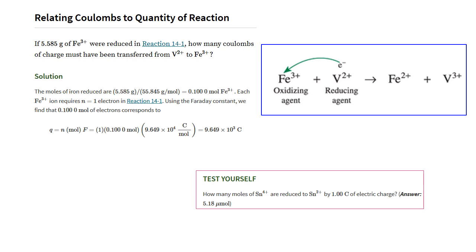Each iron ion requires one electron in the reaction equation. Using the Faraday constant, we find that 0.1 mole of electrons requires 0.1 mole multiplied by the Faraday constant, 9,600 coulombs. You can test yourself by doing a very similar assignment for Sn4+ to Sn2+. Keep in mind that there are two electrons in this reaction.